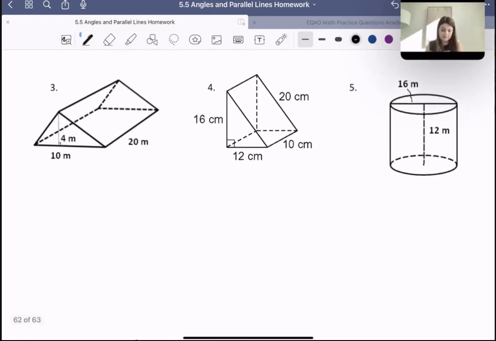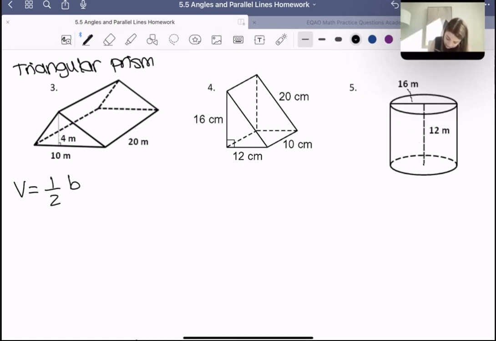So what type of shape is this? This is a triangular prism. And the triangular prism's volume is 1/2 base times height times length. Okay, so let's plug those numbers in.